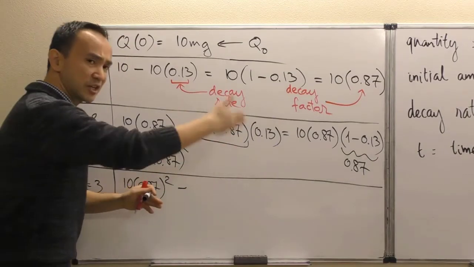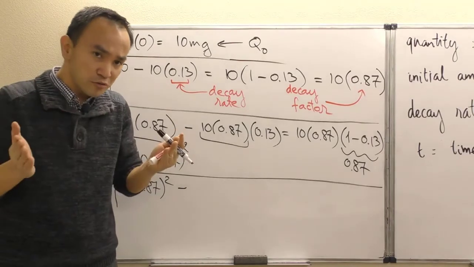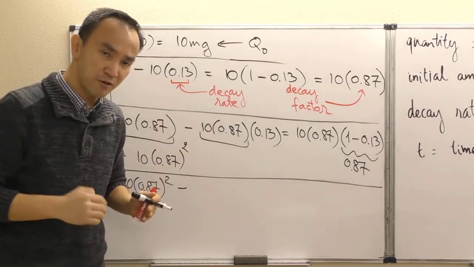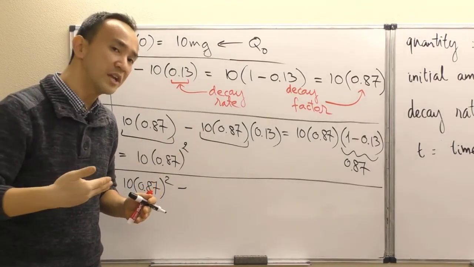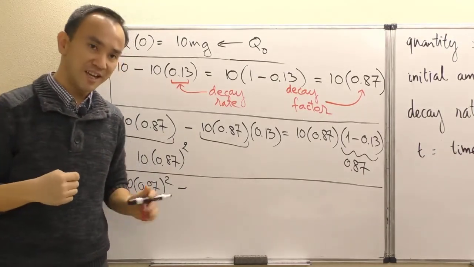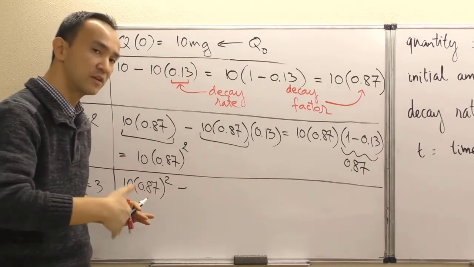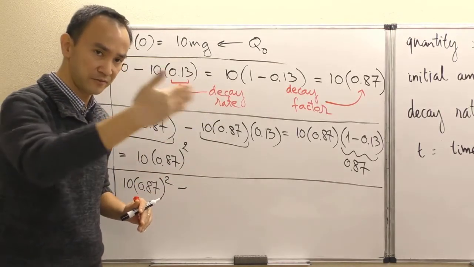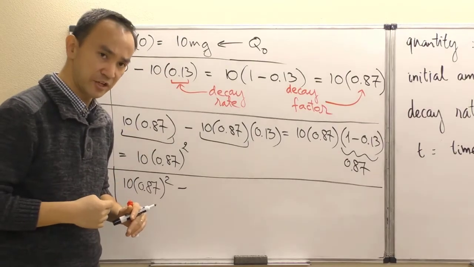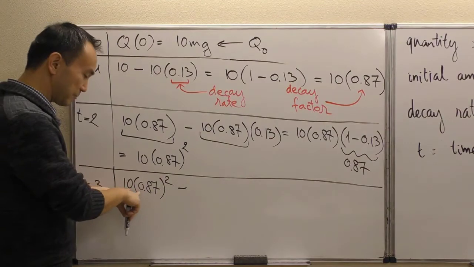So things keep accumulating. In those growth processes we've seen earlier in problems 1 through 3, the growth accumulates from the previous periods, and here the decay process also accumulates from the immediate previous period.